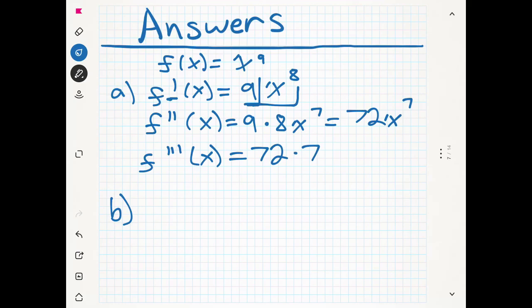So we're just going to write x to the power of 6, which we can simplify further, and 72 times 7, you may need a calculator, is 504, right? So 504x to the power of 6. And that is the answer for the third derivative of x to the power of 9.